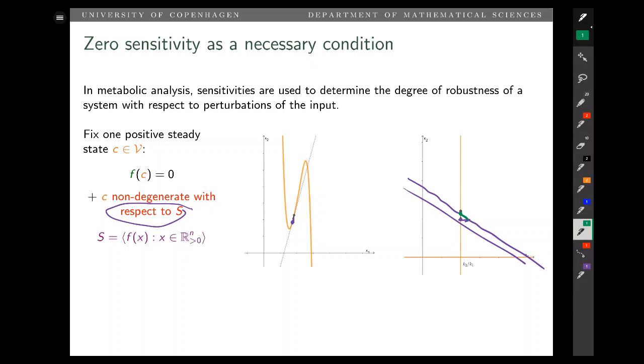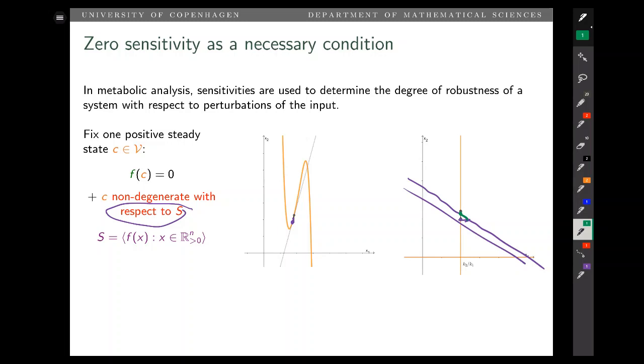And this is because, well, in this case, it's because it has ACR, but to be a little bit more precise, this is because the tangent space to the steady state variety at my original point is perpendicular to the xi axis. So wherever I'm moving, I'm moving perpendicularly to the xi axis, which does not happen in the first picture.